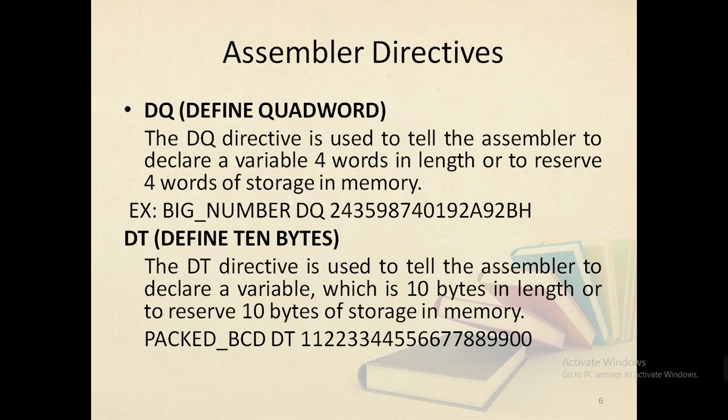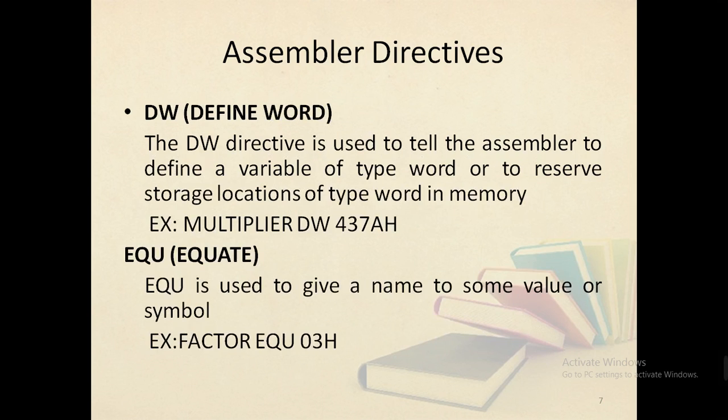And coming to the next assembler directive, DW, that is define word. The DW directive is used to tell the assembler to define a variable of type word, or to reserve storage locations of type word in memory. Take one example.